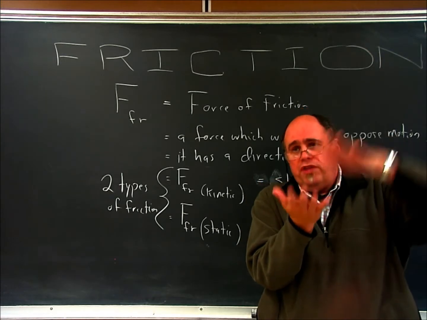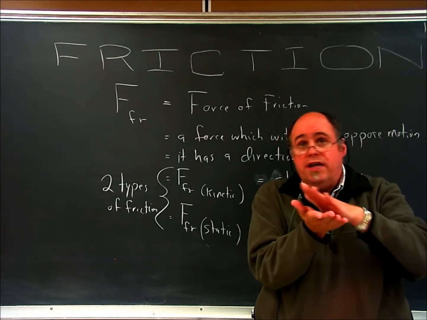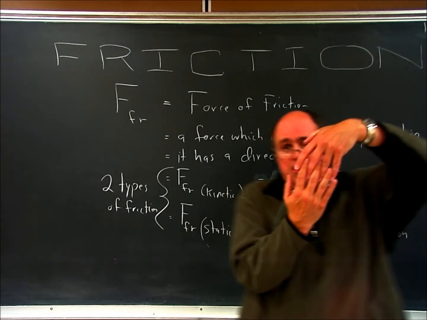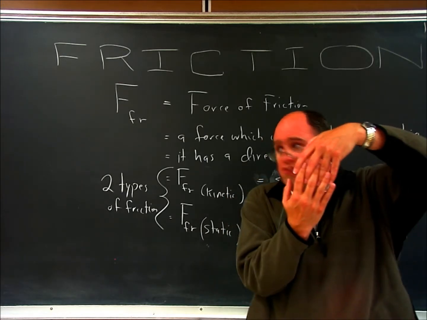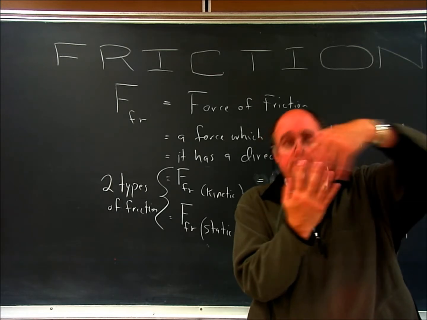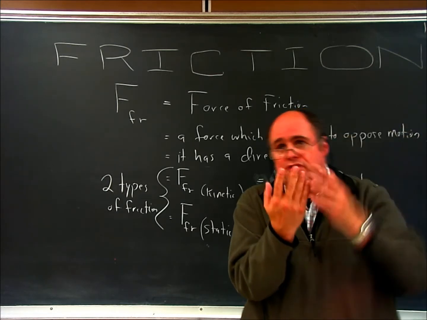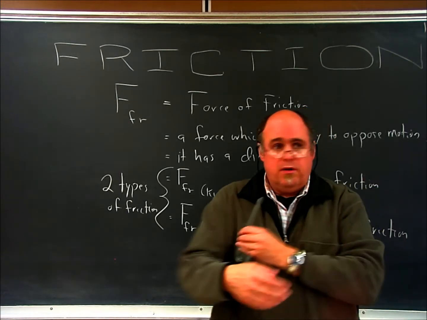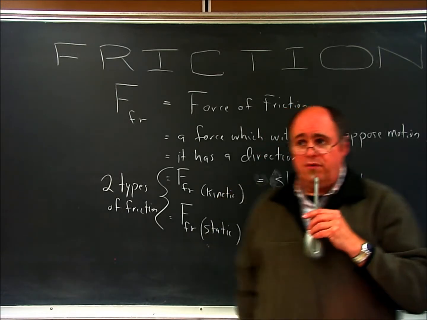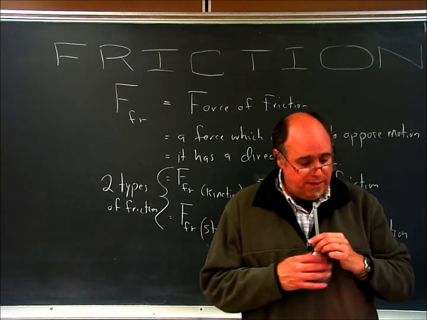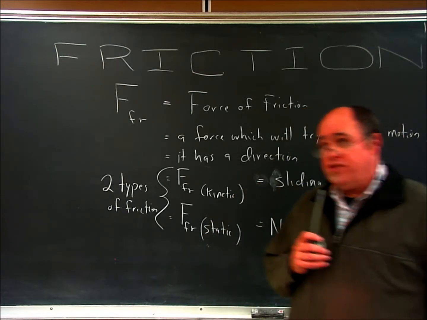When you put two things that are supposedly smooth on top of each other, the nooks and crannies interlock like my fingers here, and they prevent motion until you push hard enough to break those pieces free. After you've been moving something back and forth quite a bit, it's almost like you're sanding it down. So these are the two types of friction that we have.